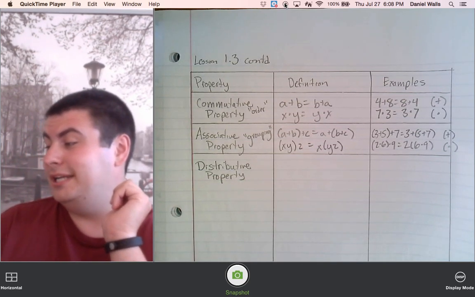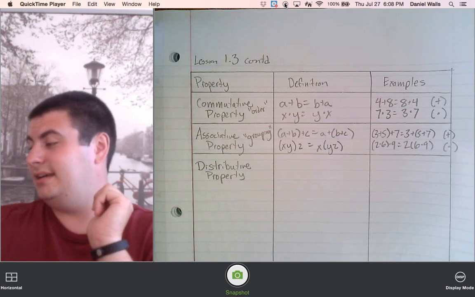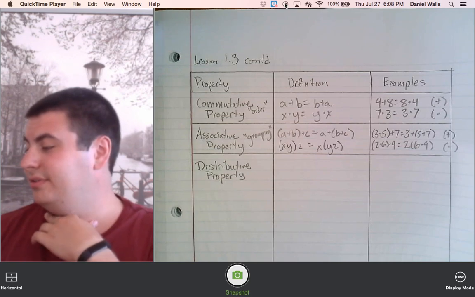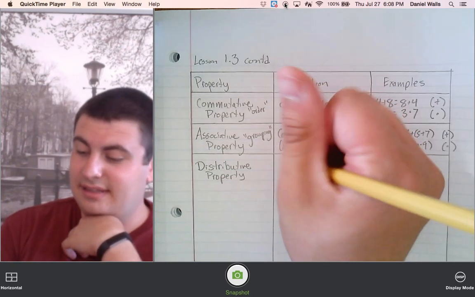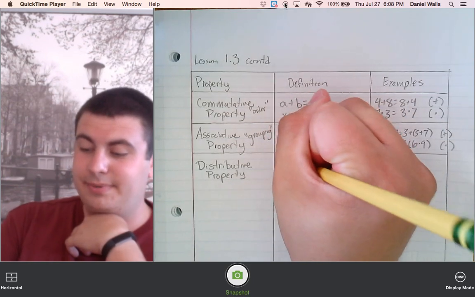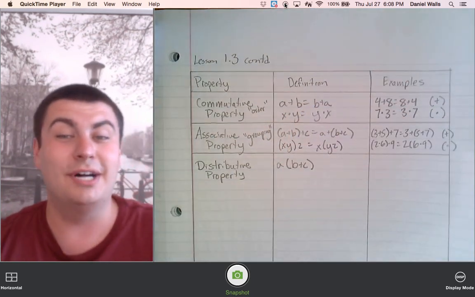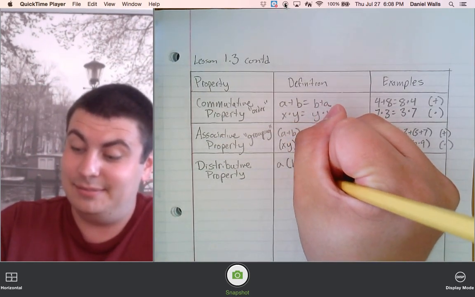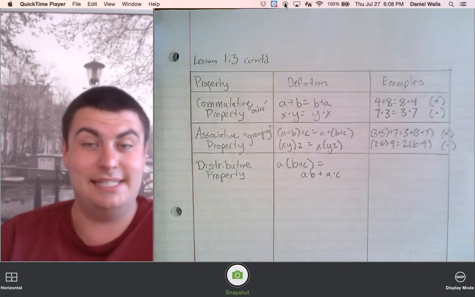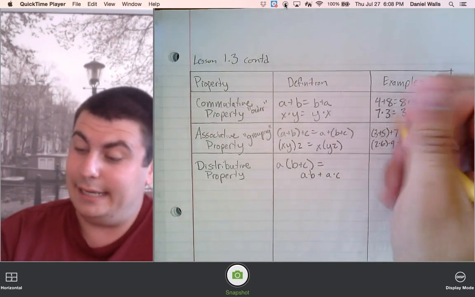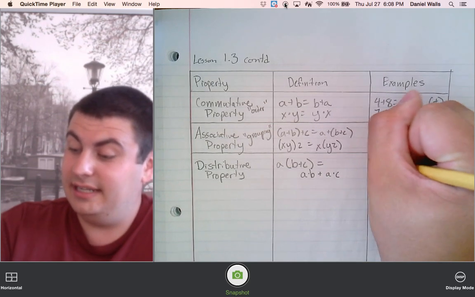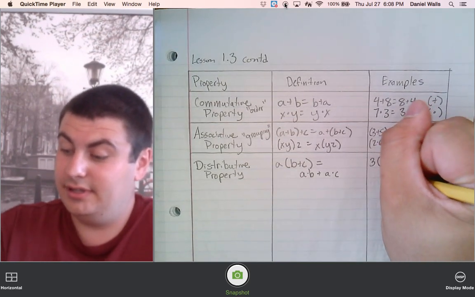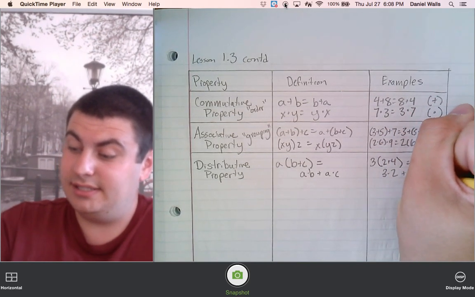The distributive property says that if you have, let's say, A times the group B plus C, if you have multiplication and addition together, the result is that you took A times B plus A times C. So for example, if you have 3 times (2 plus 4), that is equal to 3 times 2 plus 3 times 4.